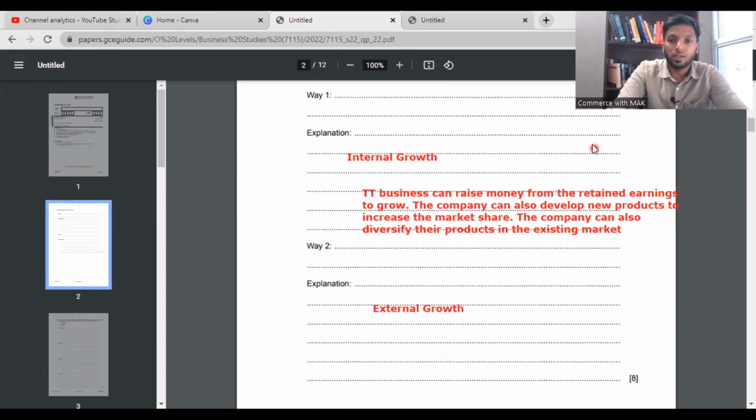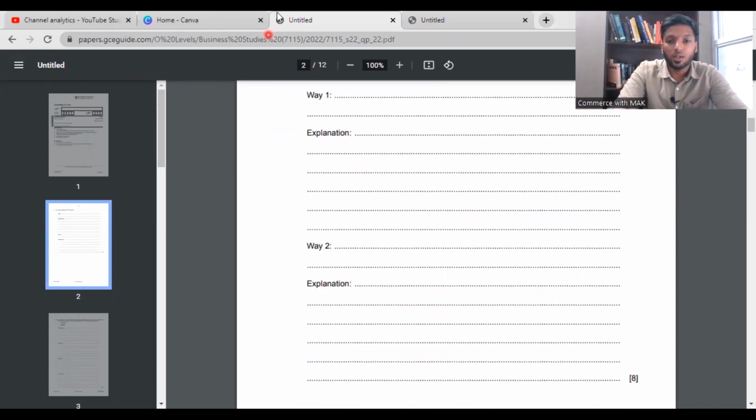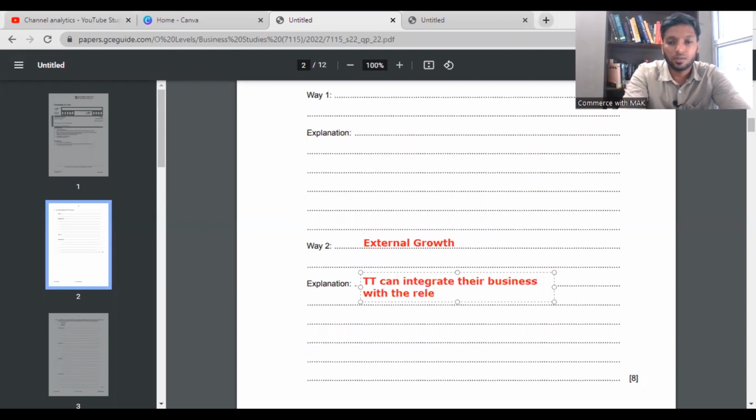As you have already written the first part, I'm going to write two answers here. One is the external growth. So let's write external growth as the second way. And then under explanation, the company or TT can integrate their business with the relevant business in the relevant industry.